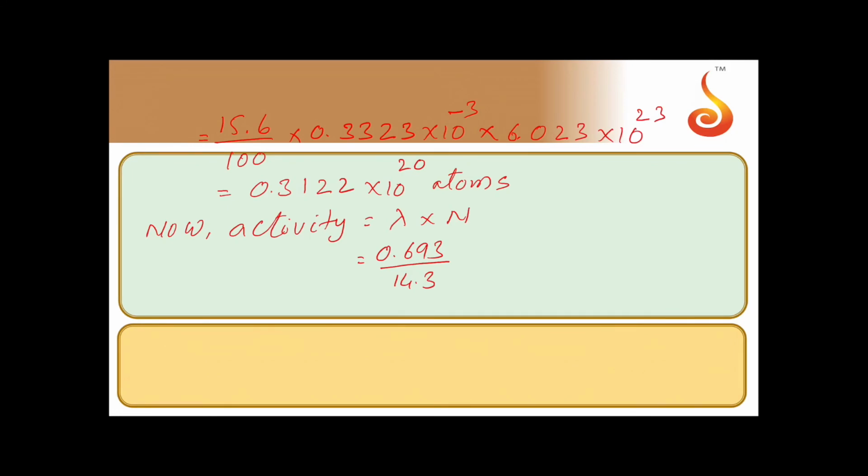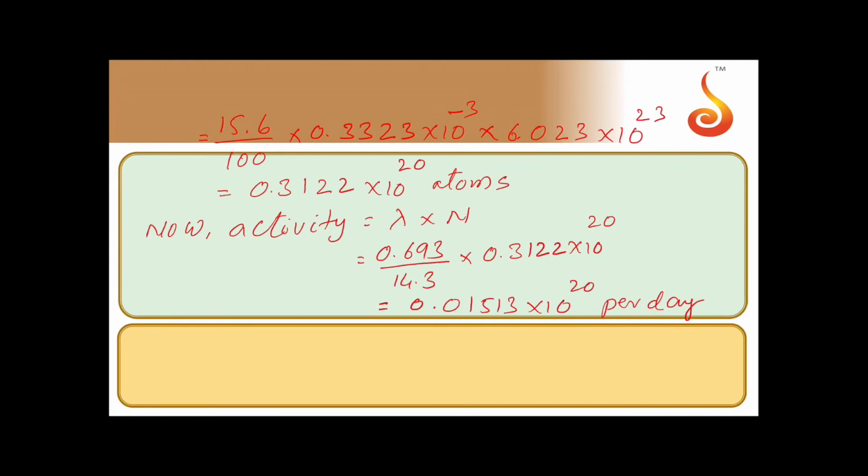So into the number of atoms, 0.3122 into 10 to the power of 20. This comes out to be 0.01513 into 10 to the power of 20. This will be per day, activity per day.